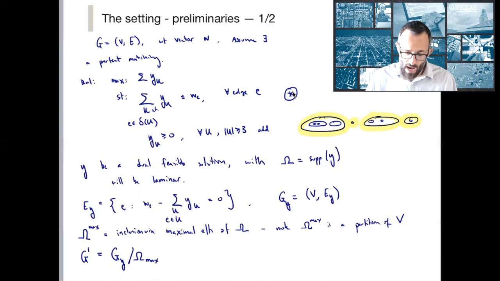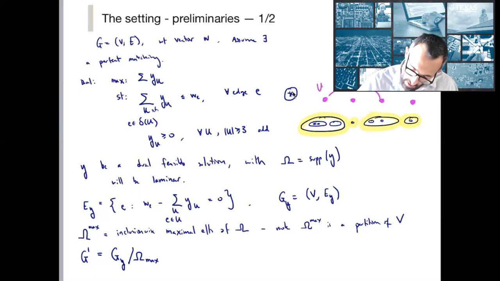So I'm contracting every single one of the maximal subsets. So in other words, in the example that I've given, G dash would have just those 4 vertices, and there would be an edge between, say, any 2 vertices.